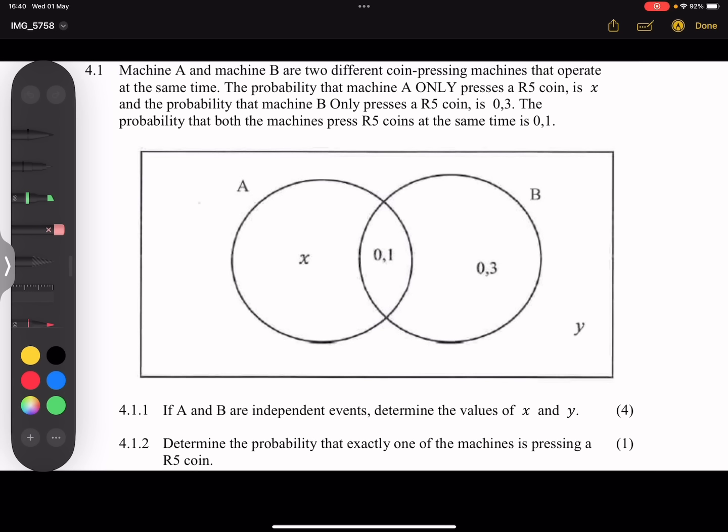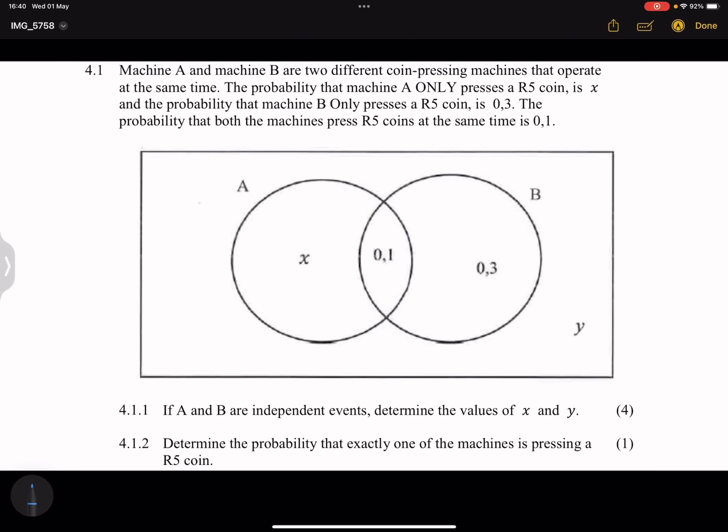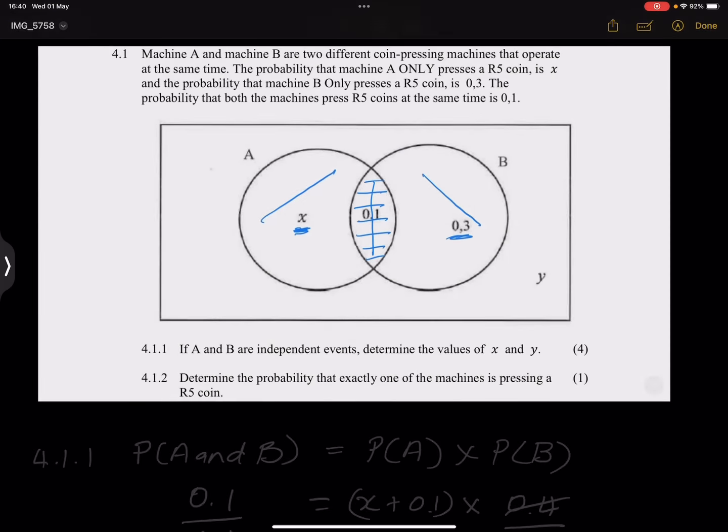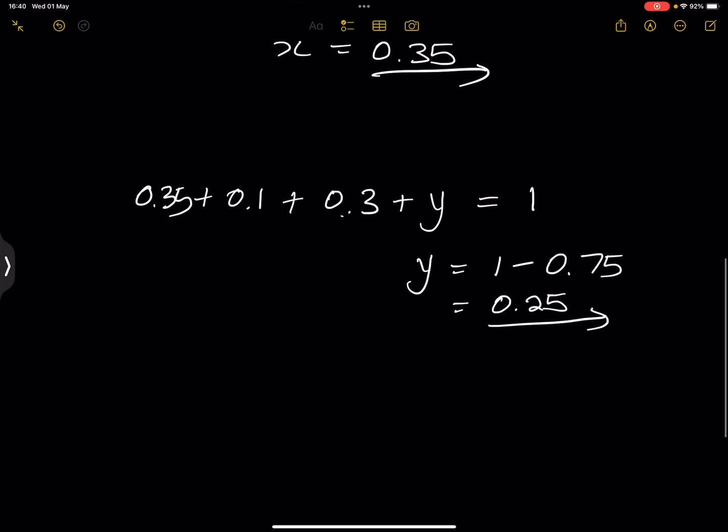So we don't want a situation where it is A and B. Okay, right, so in this case, we don't want that situation, but we want that or that. Okay, so in that case, can you see it's going to be the X, the 0.3 over there, right? And that is the probability that we've got A or B.